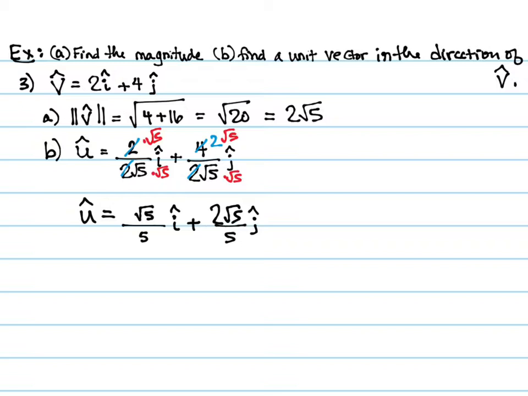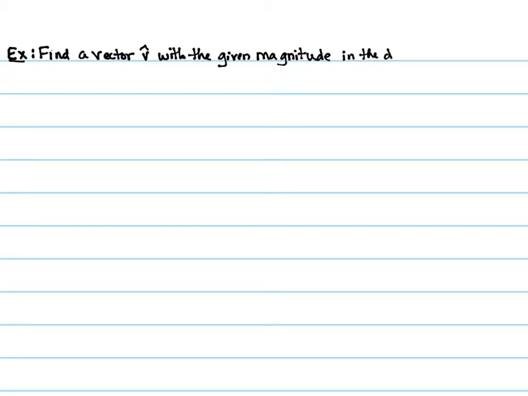Next one, directions are going to change slightly, but they're going to be building upon what we just did. We're going to find a vector v with the given magnitude in the direction of u.